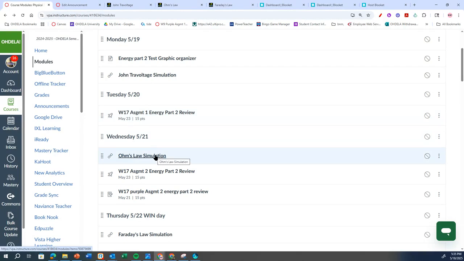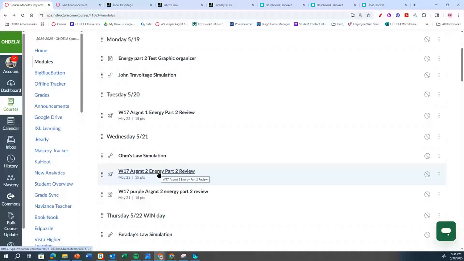Ohm's law simulation, you can do that today if you'd like, on the 19th, but use the graphic organizer to help you answer those questions. Take some notes, put it in your offline tracker. Ohm's law simulation tomorrow or Wednesday, part 2 for the vocabulary review or the test review.